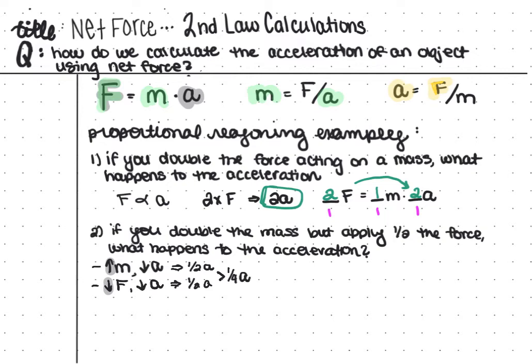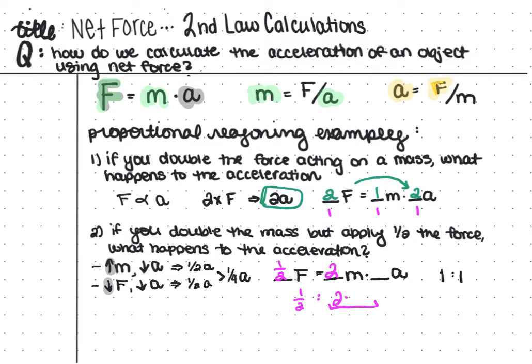So let's see if that works using the formula. So now we're going to go blank F equals blank M times blank A. Again, our original ratio is 1 to 1, right side, left side. In our new scenario, we have twice the mass and half the force. So I need these two sides to balance out. So I have 1/2, and I need 1/2 on this side as well.